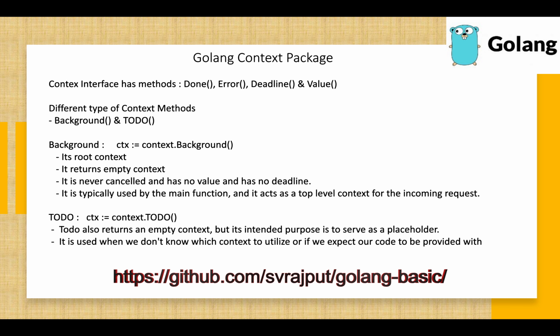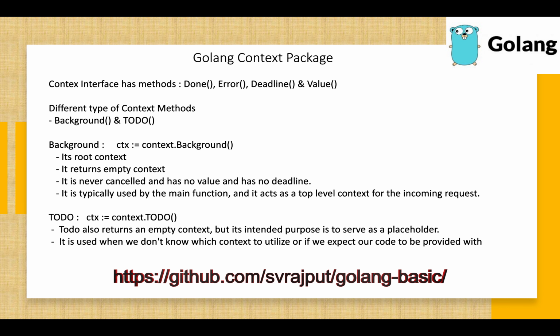Now let's look at the functions provided by the context package to create a new context, that is context.Background and context.TODO. Context.Background is used to create the parent background context, and that is used by the main function.